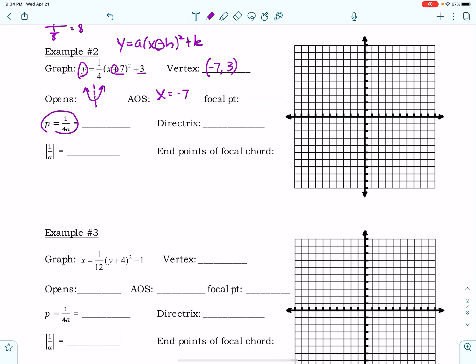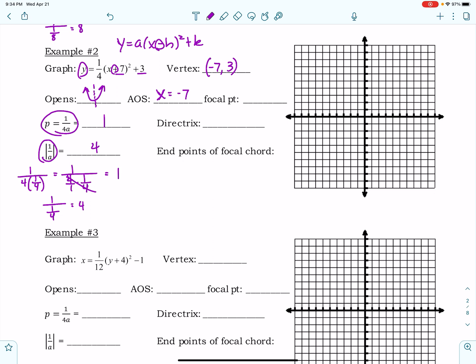Okay, next thing, find P. So 1/4 times A is 1/4. So that gives me 1/4 divided by 1/4. So that's just 1. And then I'm going to find the length of my focal chord, which is 1 divided by 1/4, which gives me 4.